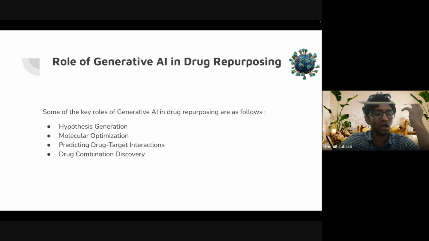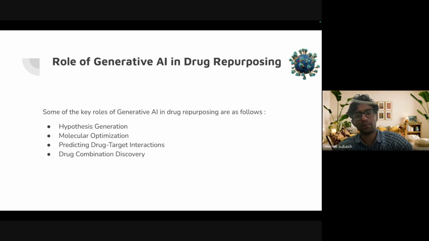So it helps in identifying new therapeutic applications. So it paves way to new methods in which a certain drug can particularly affect a certain disease in a positive way.